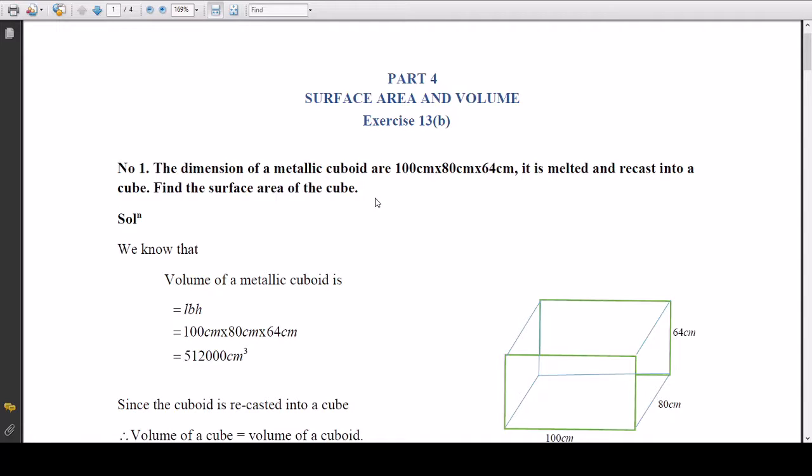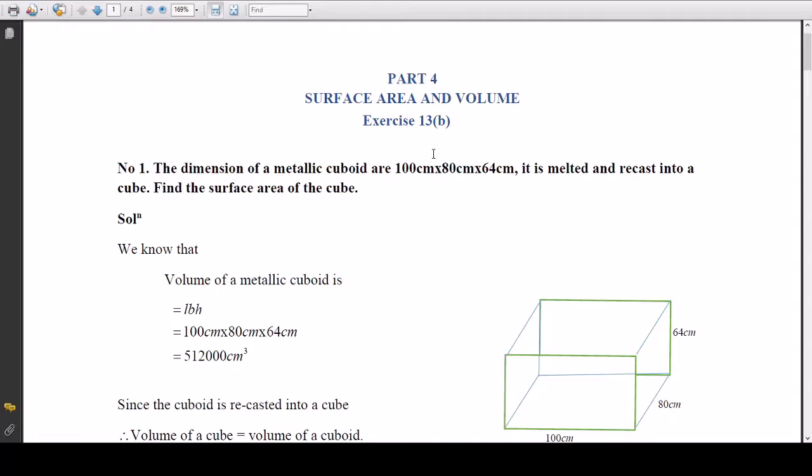Okay, now what is the dimension? Dimension is the length, breadth and width of a cuboid. Length is 100 cm, breadth is 80 cm and width is 64 cm. Now, this metallic cuboid has been recast into a cube.